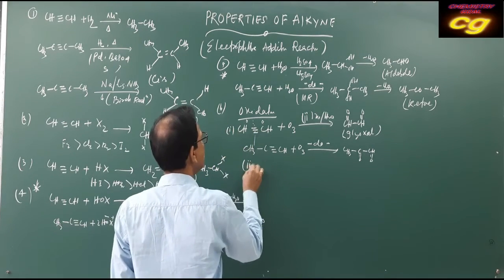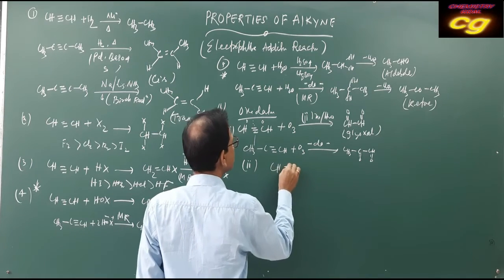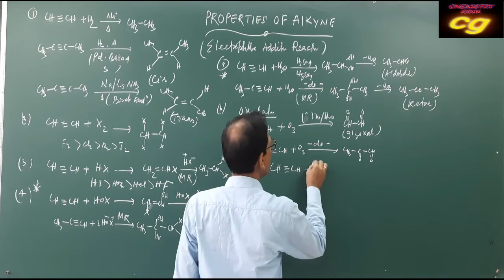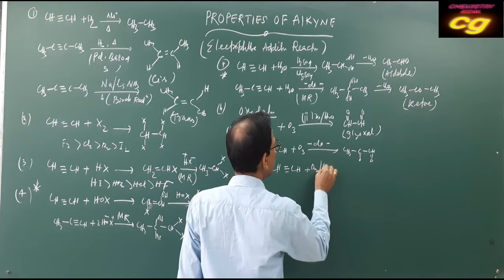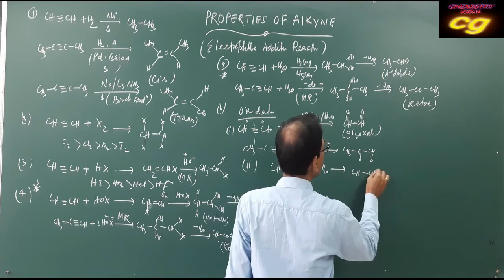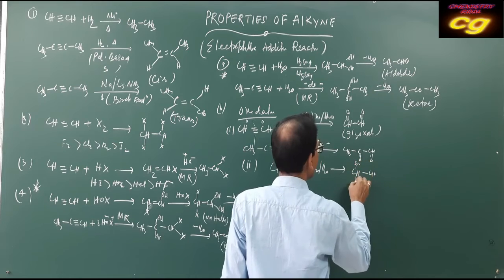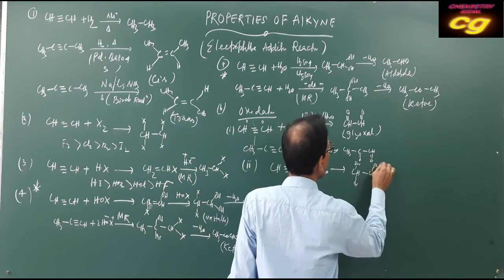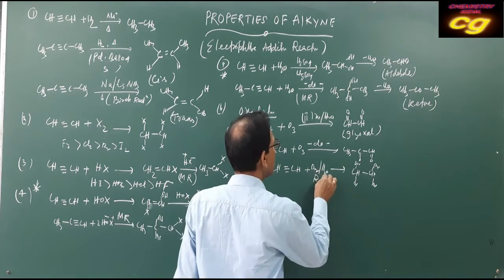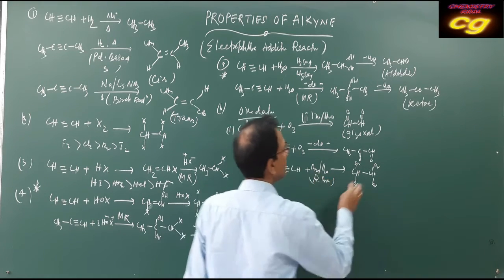Second oxidation, if you use bromine water, it will also produce addition of bromine. Then the reddish brown color of bromine water becomes colorless.